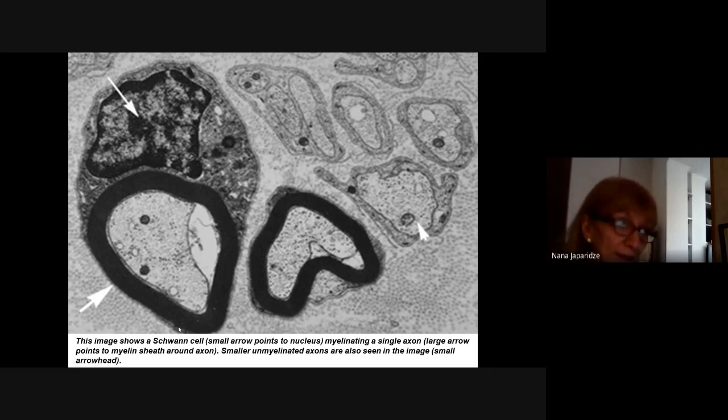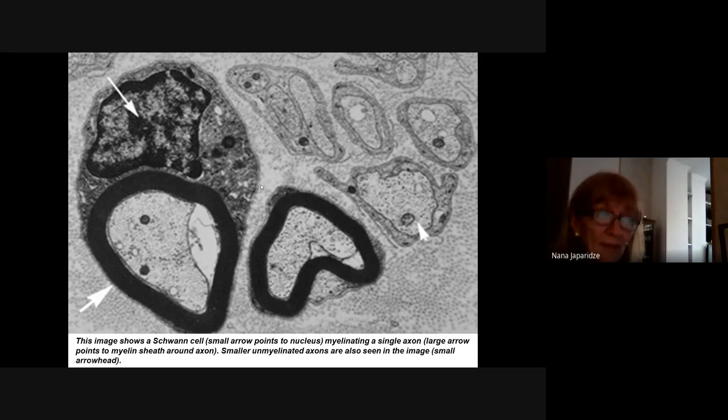And this is the myelinated axon. So immediately you have to say that this is a Schwann cell. Schwann cell. Another Schwann cell.